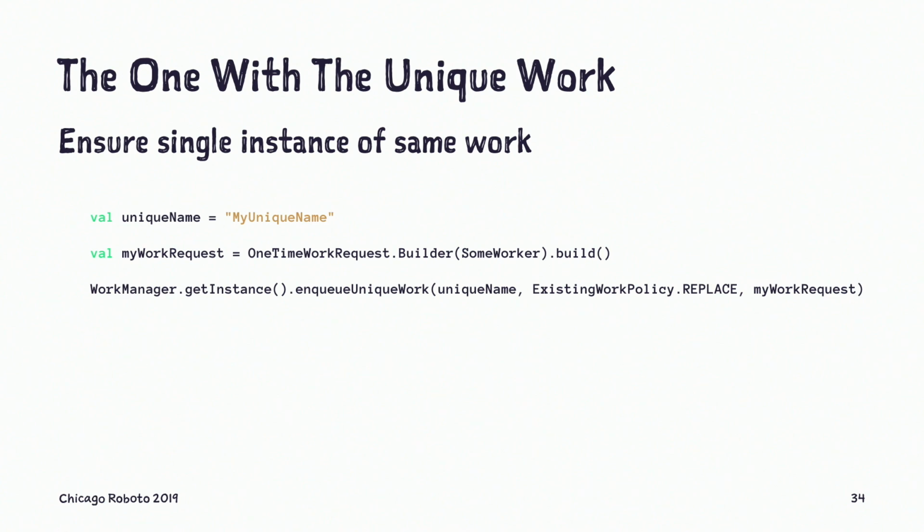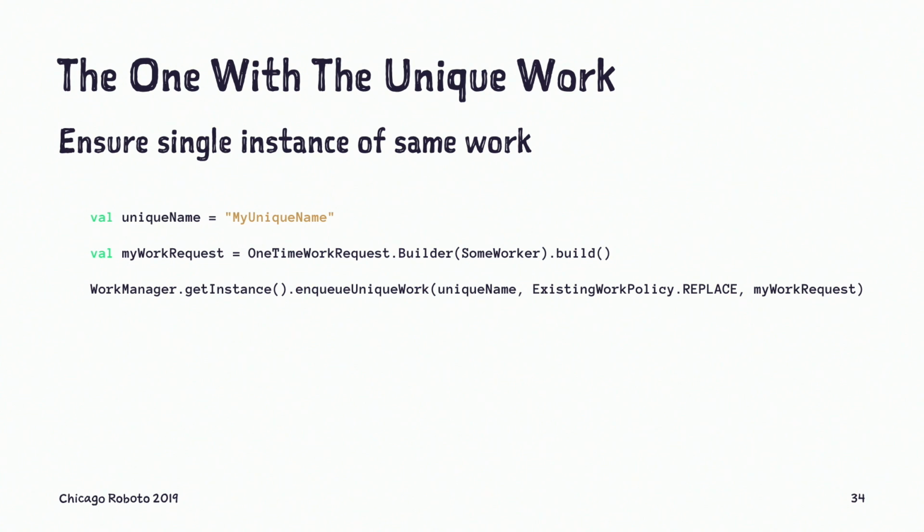So basically, what unique work does is it lets you tag a piece of work and say, okay, if this is running already or is scheduled to run in the future, then behave differently. We'll look at what I mean by behave differently. So in this example, I say my unique name, enqueue unique work, the method construct is different here.